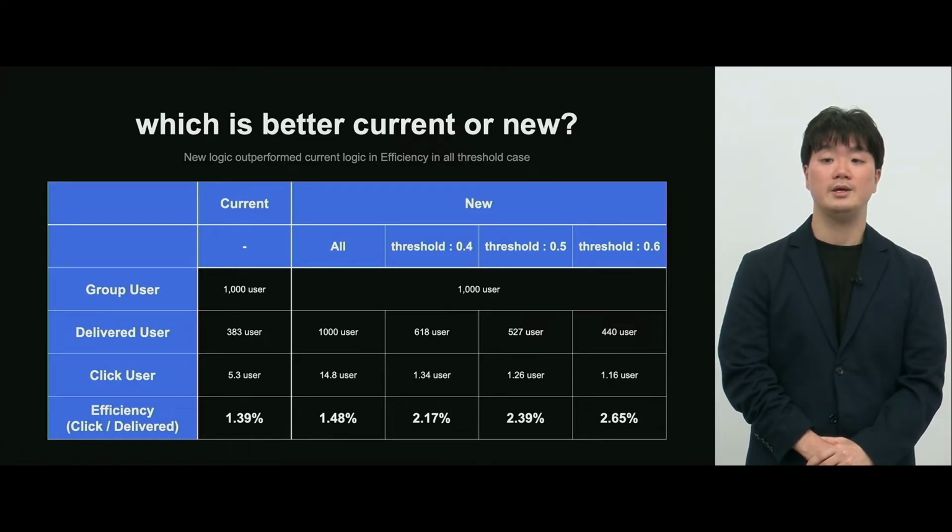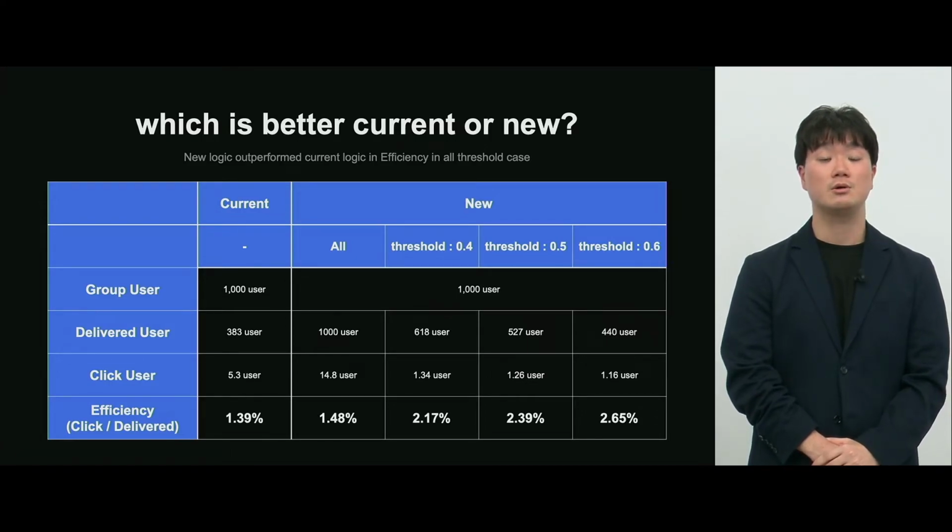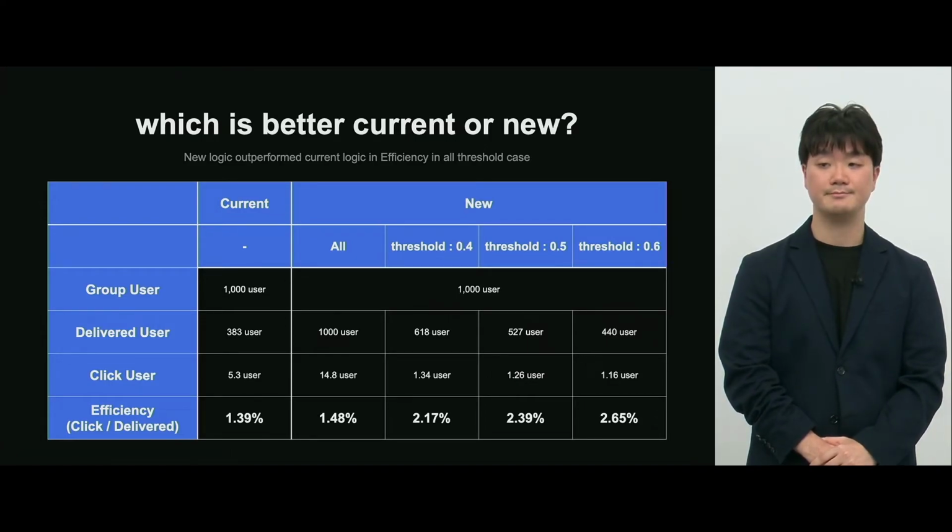In the rows, for each group, the user numbers, the delivered users and the clicked users, and also the efficiency are described here. Take a look at the new logic in the 4 columns. Please take a look at the very bottom. In either case, we will be able to obtain efficiency over the current logic.